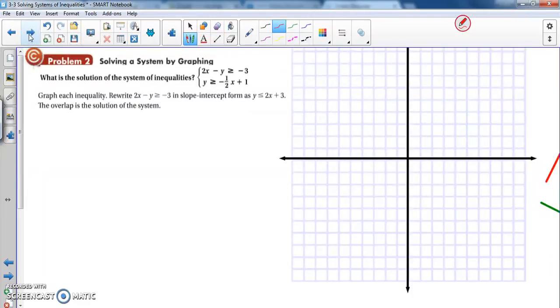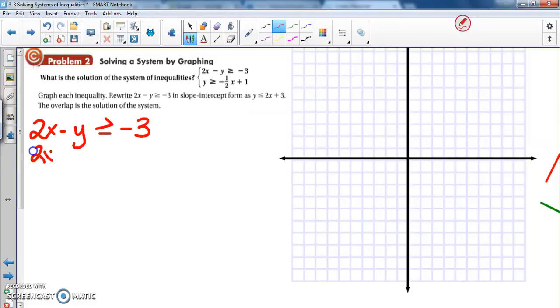So we are going to graph the two inequalities. Starting with the first one, we are going to rewrite 2x minus y is greater than or equal to -3 in slope-intercept form.